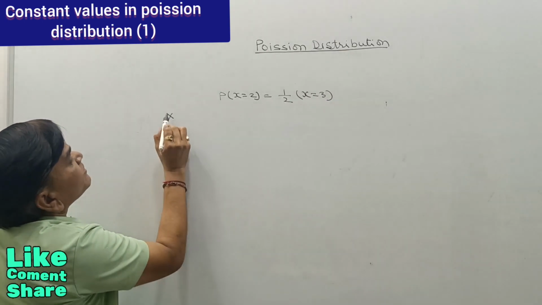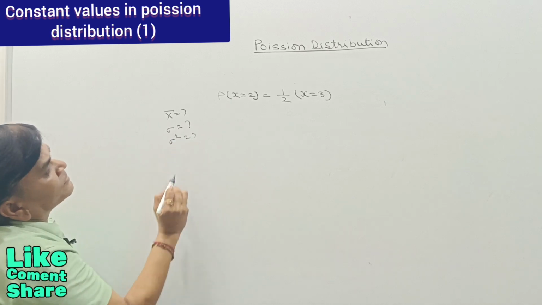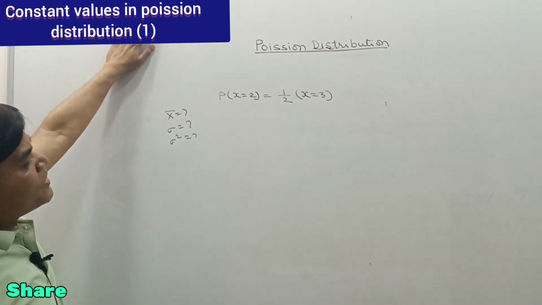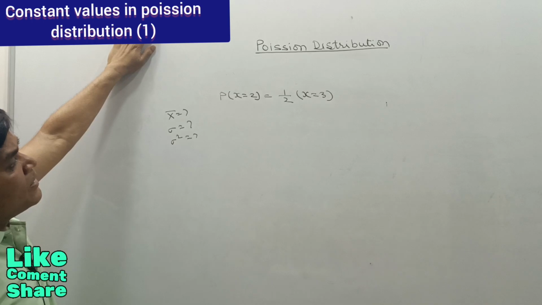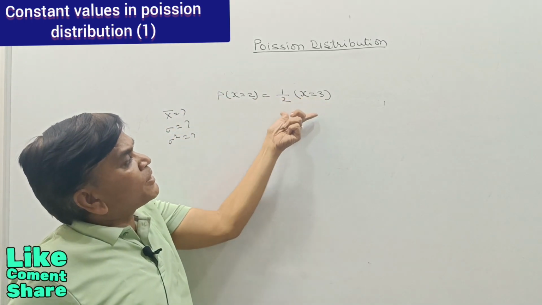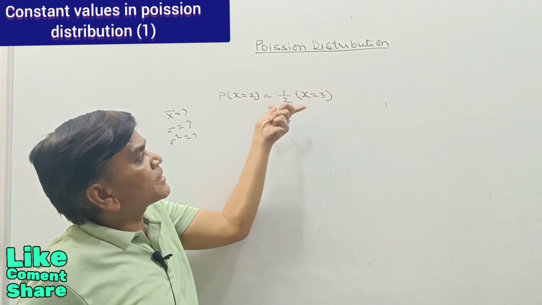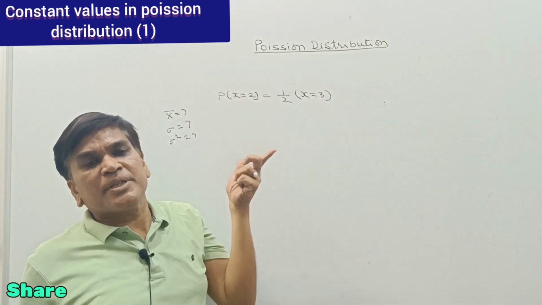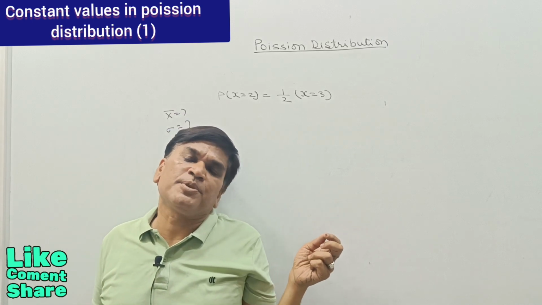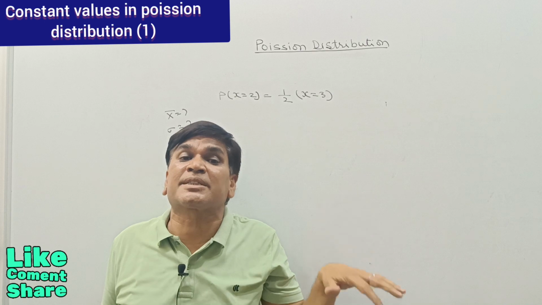Then find the arithmetic mean, standard deviation and variance. The probability of 2 successes is half of the probability of 3 successes. What the question is saying is that the probability of 2 successes is equal to half of the probability of 3 successes.